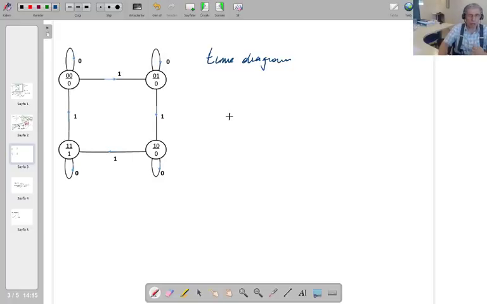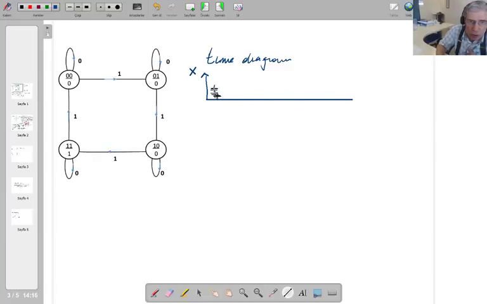So how am I going to do it? I'm going to draw the x first. That is x input. That's the time axis.